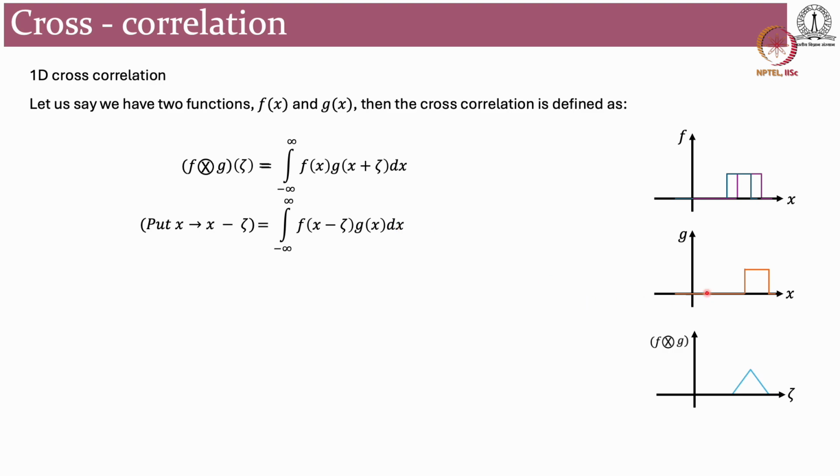You can see a pink color function here, which is nothing but f of x being shifted by some zeta value, and when you integrate these two you get a peak here, right?